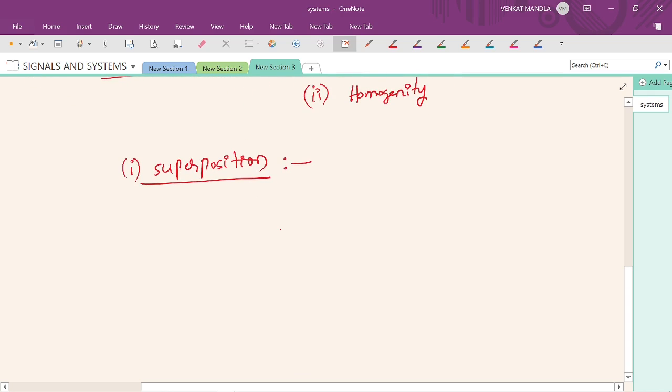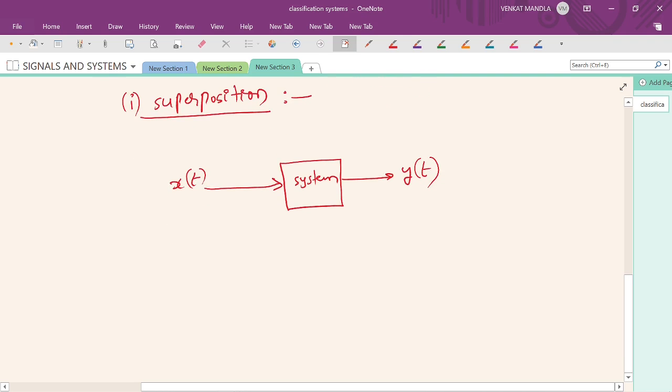Suppose I have a system. I have given input as x of t, then I got the output y of t. This is the input output relation of a system. Suppose I apply x1 of t initially as the input, then I got y1 of t.